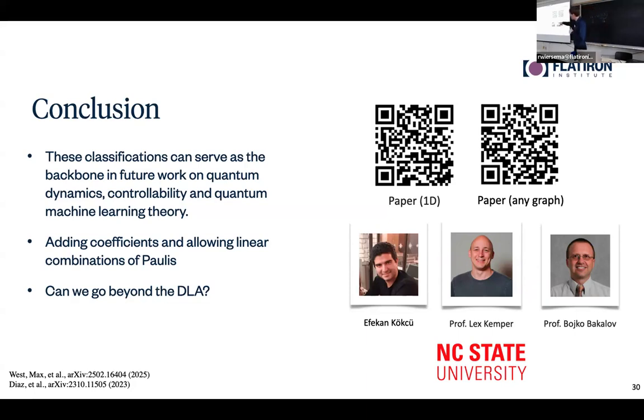So, in this paper by Max West, he basically looks at what sort of spaces you get when you calculate these nested commutators. Say you start with these two generators. What we do with this algorithm to generate the DLA is take all the nested commutators until it closes.